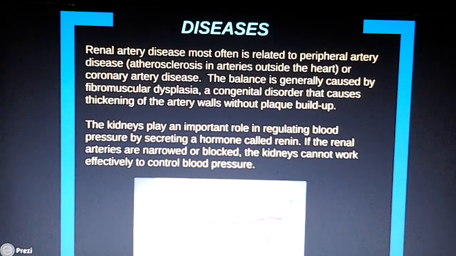The kidney plays an important role in regulating blood pressure by secreting the hormone renin. If the renal arteries are narrowed or blocked, the kidney cannot work effectively to control blood pressure.